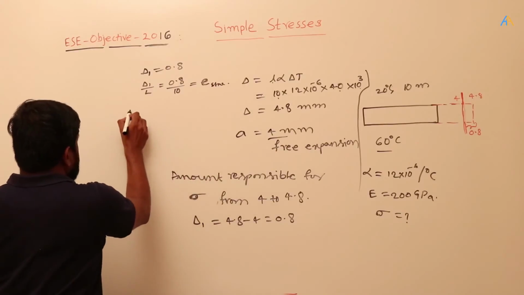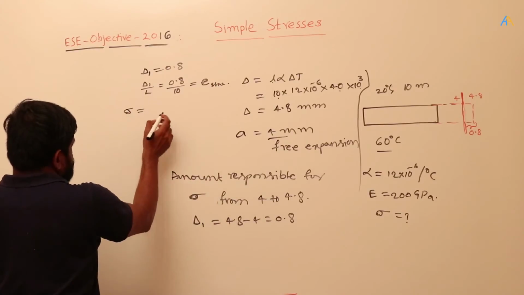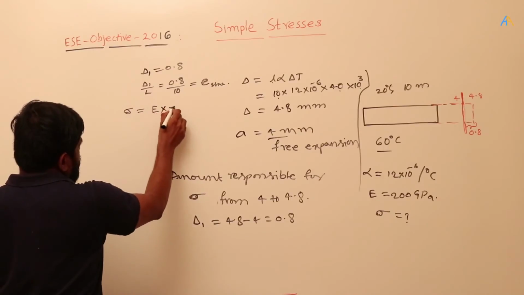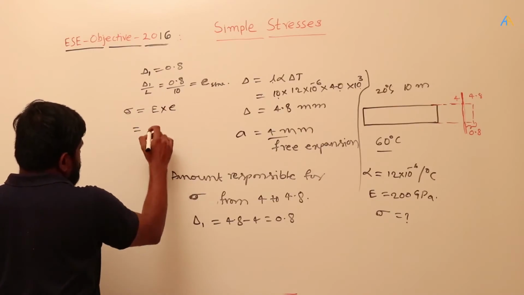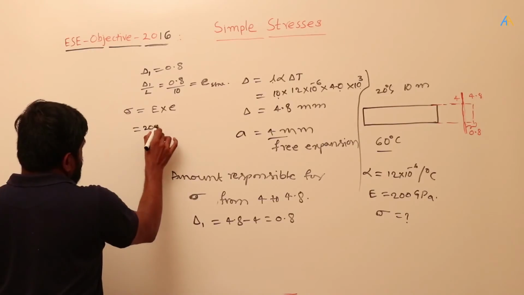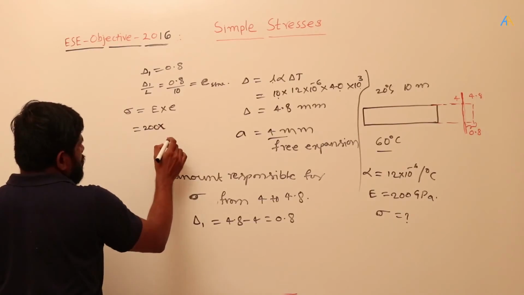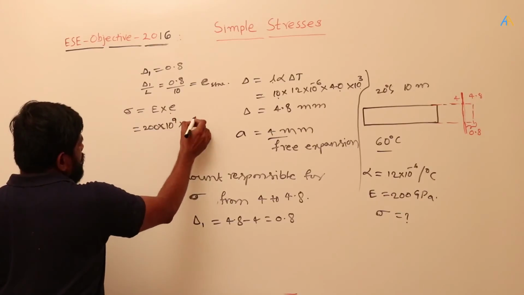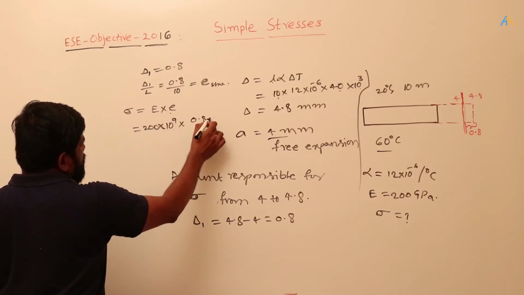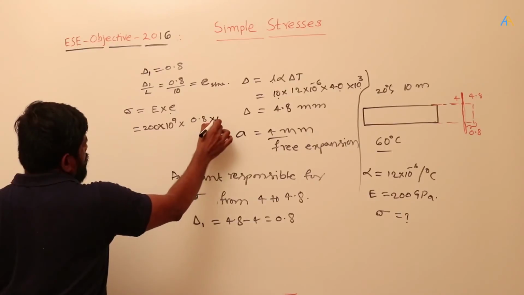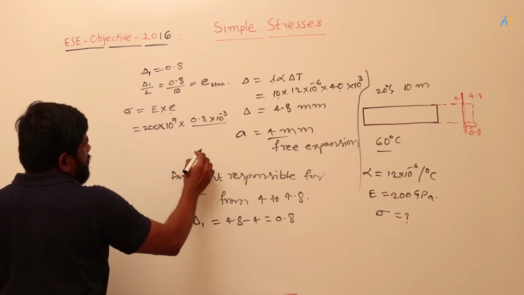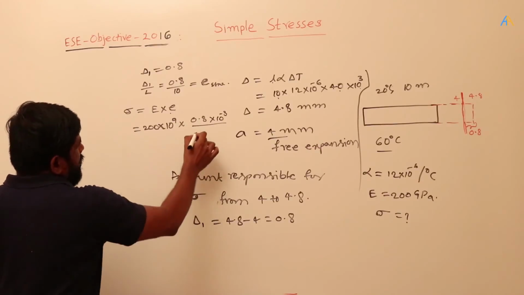This is the strain that causes the stress. Then stress equals E into strain. If I substitute the value, 200 gigapascal, 10 power 9, into 0.8 mm. This is in mm, so 10 power minus 3, divided by L, and L is 10 meter.